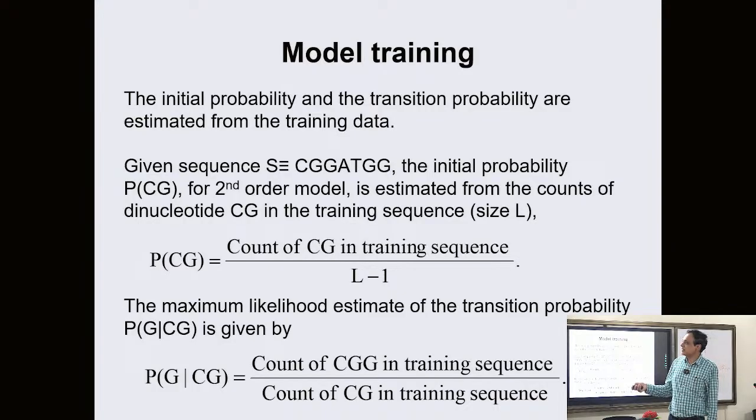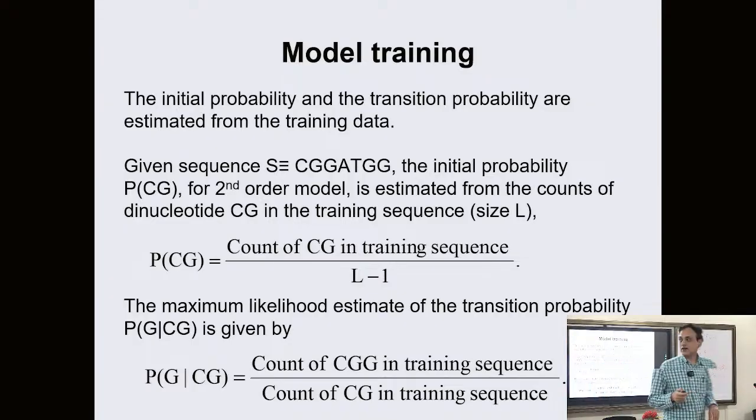L is the length, so 7 minus 1, 6. Of the 6 dinucleotides in total, how many of them are CG? 1. So the probability of CG is 1 by 6. This is how the model is being trained. The model estimated the probability of CG as 1 by 6.